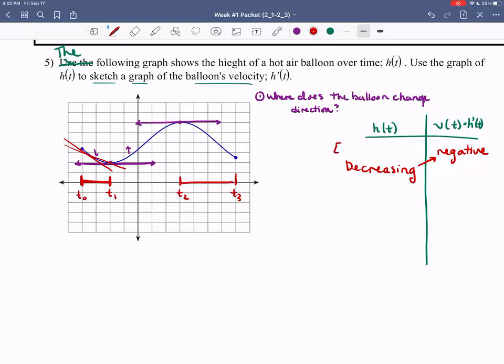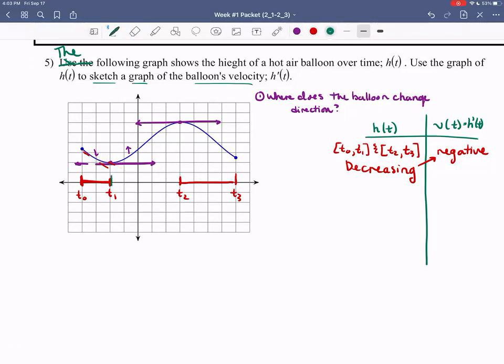So on the interval from t0 to t1 and t2 to t3, my velocity is negative and my function is decreasing. So this helps us to start painting a picture of what our velocity looks like.